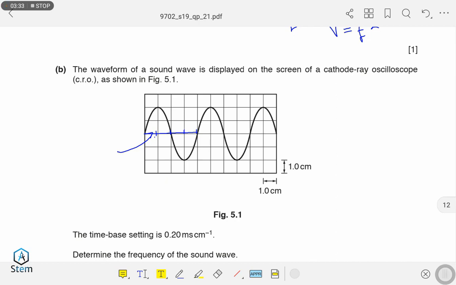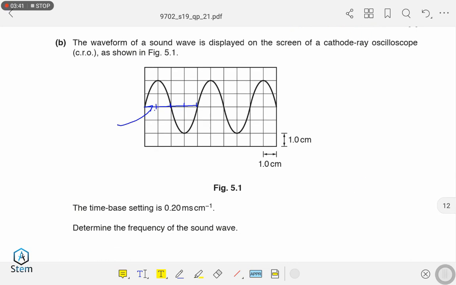Okay, I was doing this with my students in the morning. So here we have the waveform of a sound wave displayed on the screen of a cathode ray oscilloscope as shown in Fig 5.1. The time-based setting is 0.2 milliseconds per centimeter.